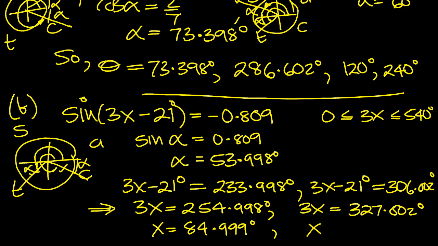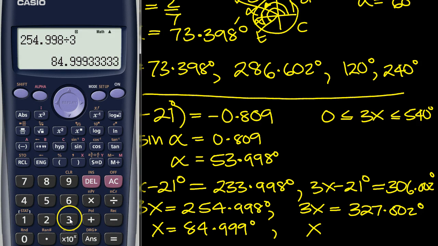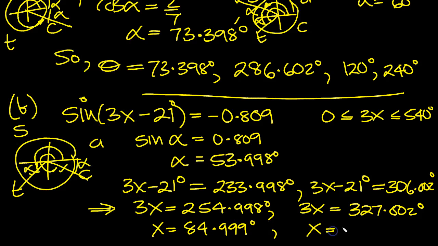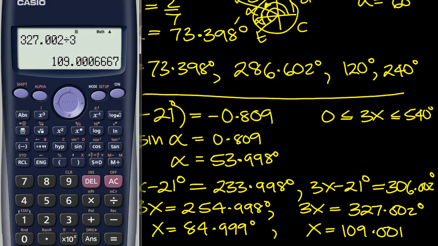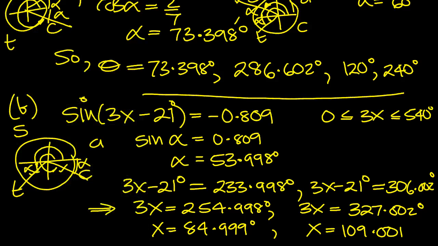And the other one, 327.002 divided by 3, which should go in quite well, gives 109.001 degrees. That's fine, to 3 decimal places. So there's our x values for part B.